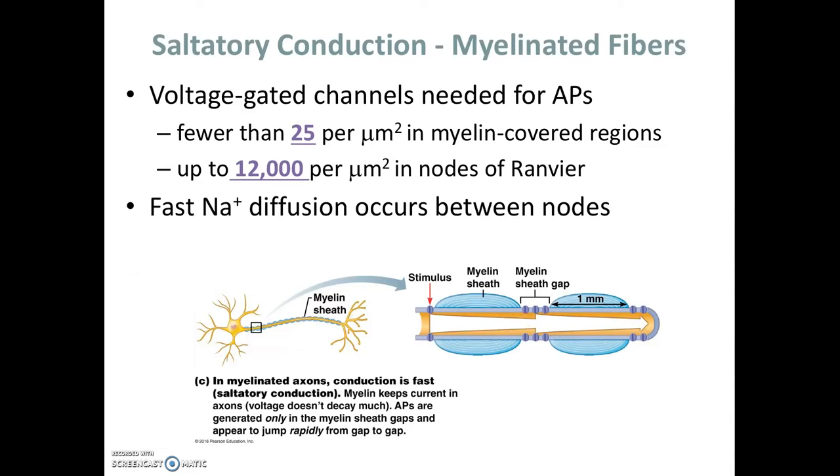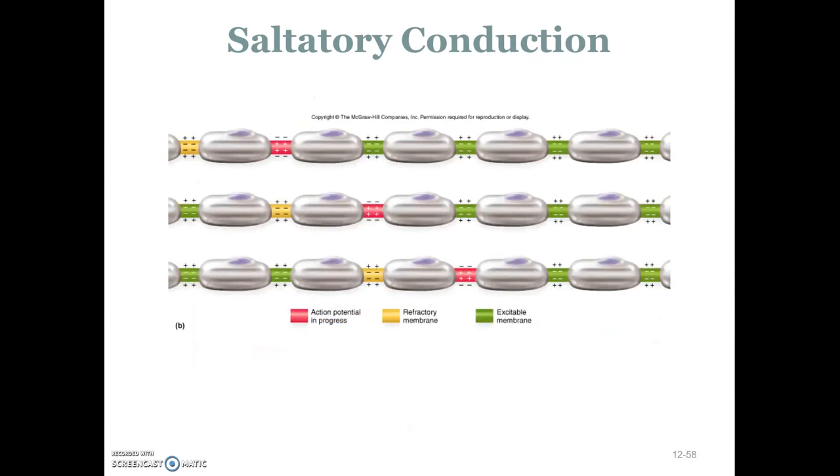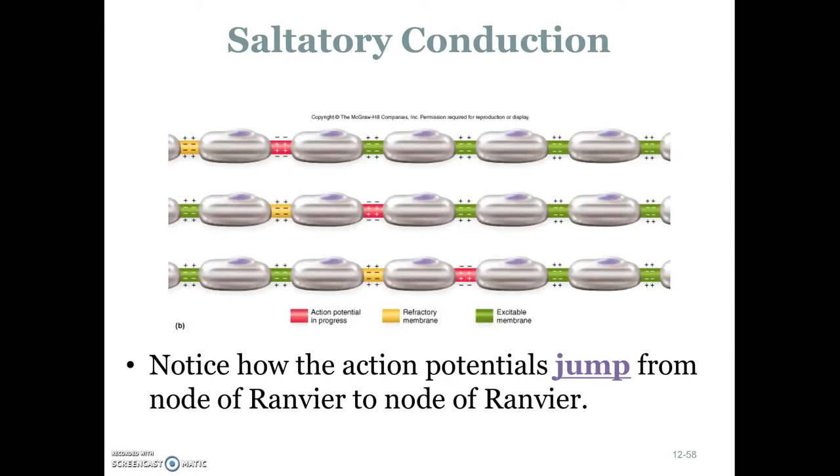This means when those voltage-gated sodium channels in the myelin sheath gaps open, it lets in lots of sodium, and that sodium is able to quickly diffuse to the next node. So it appears as if the potential is jumping from node to node. This is called saltatory conduction. Saltatory means jumping, and the action potentials will jump from one node to the next.